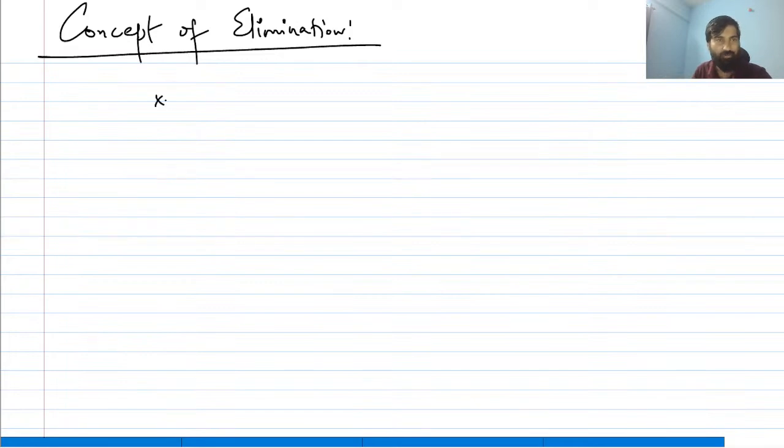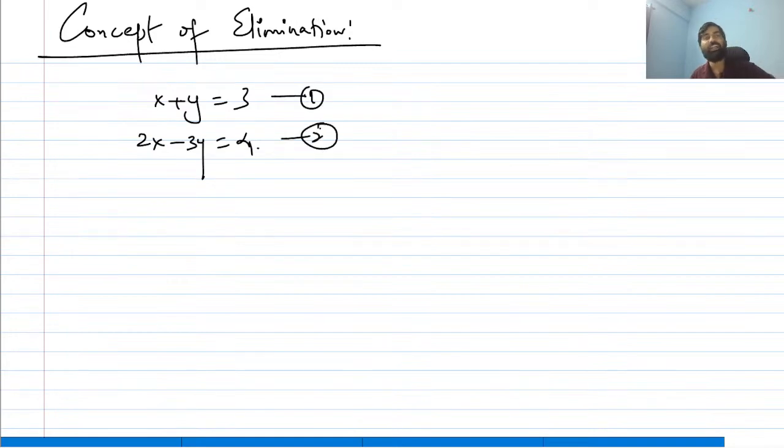Suppose we have x plus y equal to 3 and 2x minus 3y equal to 4. These two equations are given, so we can apply the elimination method and find the values of x and y. What is the meaning of elimination? Elimination means deleting one of the unknowns and finding the other unknown, deleting one at a time.